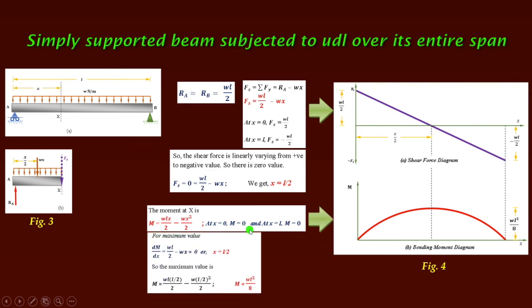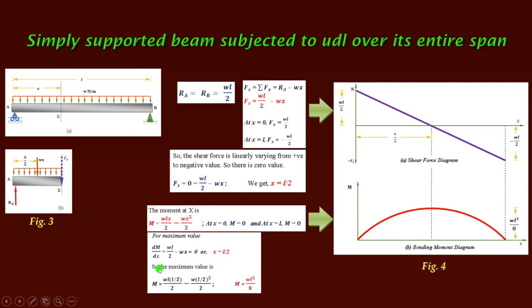So we are getting the curve like this. Now, as it is 0 to 0 and it's a parabola, so there is a maximum value of this moment. We can find it out by the formula of mathematics: to have the function's maximum value, dM by dx, differentiate this moment with respect to x, and that is equals to 0. So dM by dx equals to omega L by 2 minus omega x from this equation. Then x equals to L by 2.